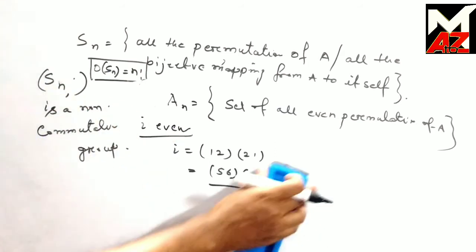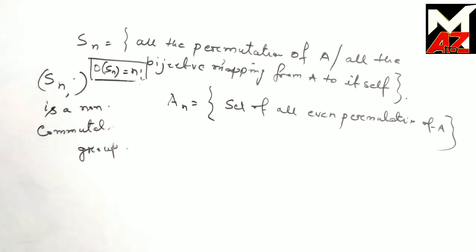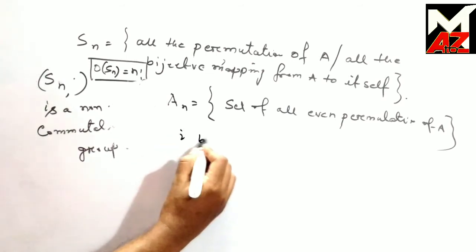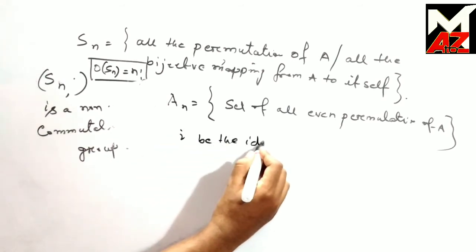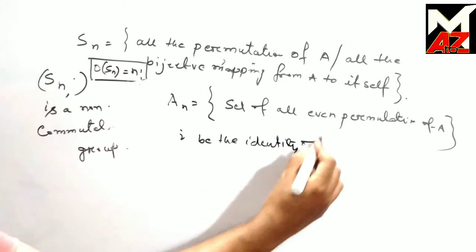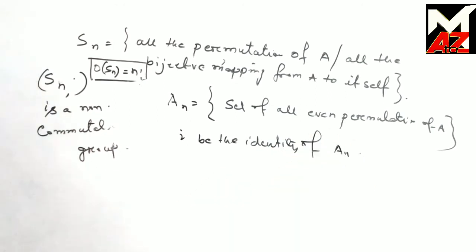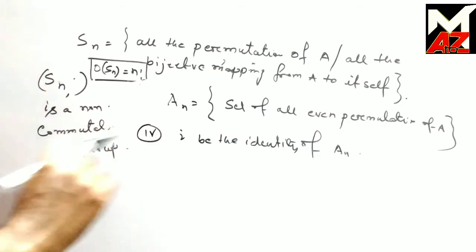Okay, so we first see that I is the identity of An. So this is the fourth property, the identity element exists.